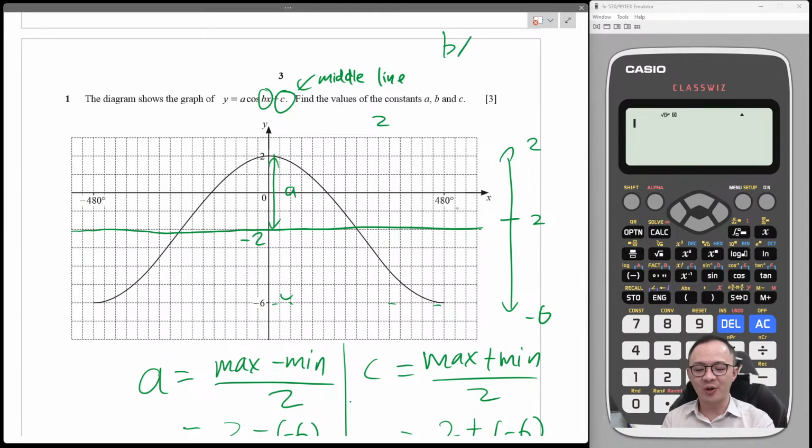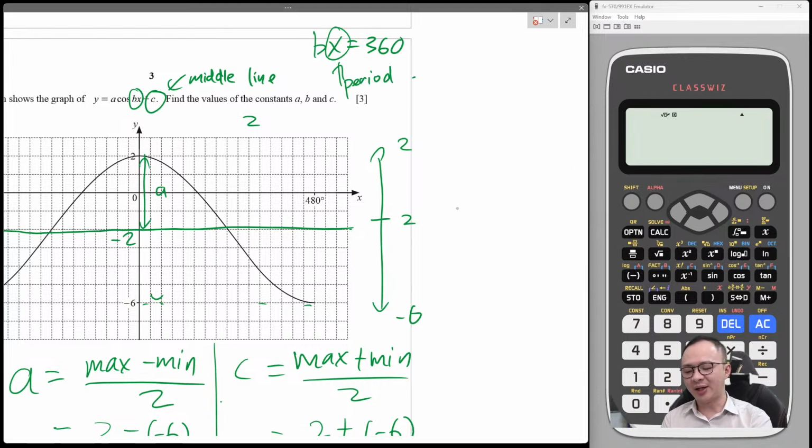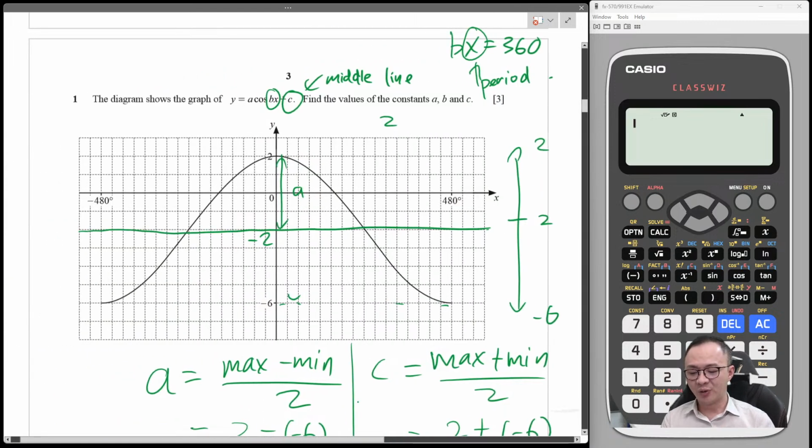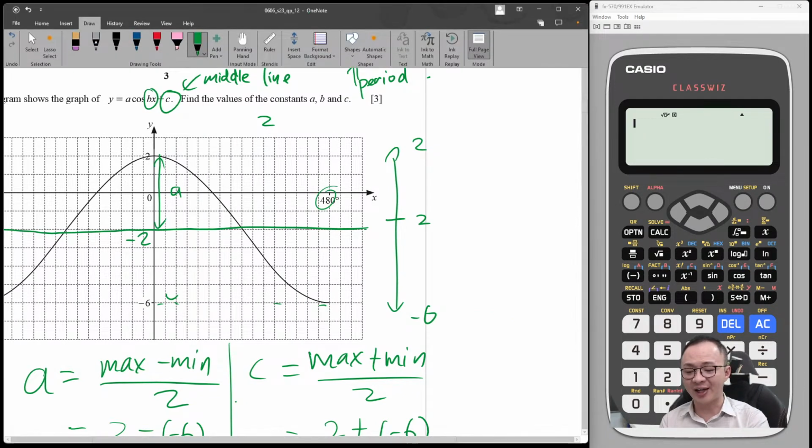For Bx, in cos Bx, 360 is a fixed value. What you need to know is your x. X is your period. So you need to understand what happens in one cycle of the cos graph. From 0 to 480 is only half a cycle.